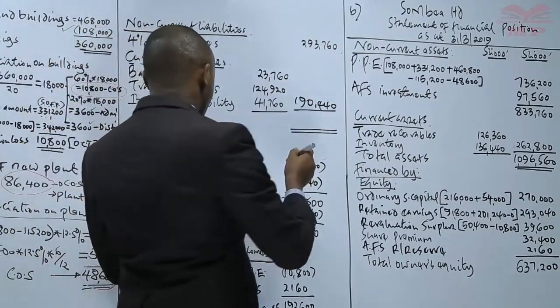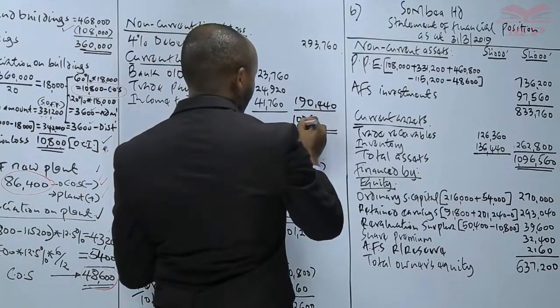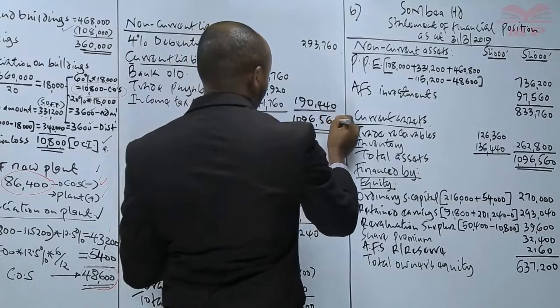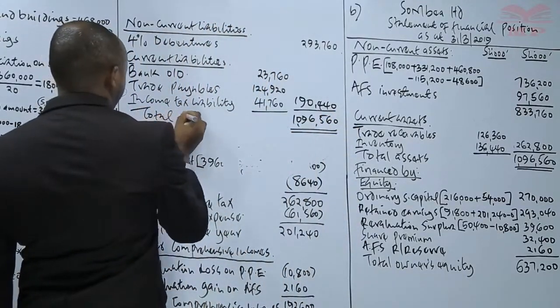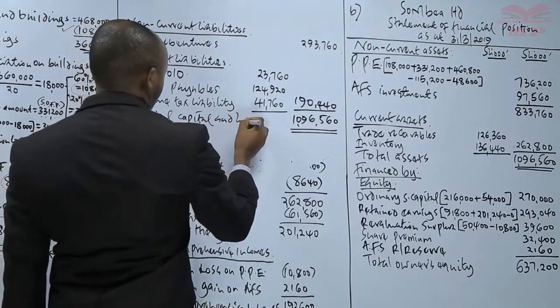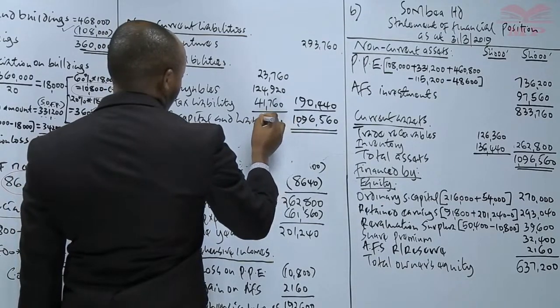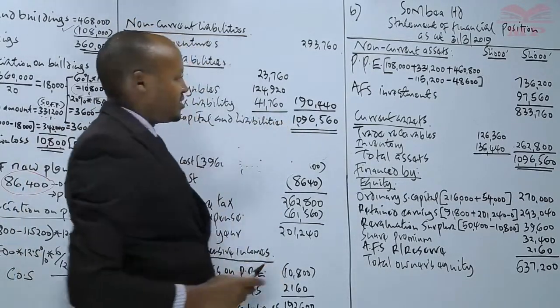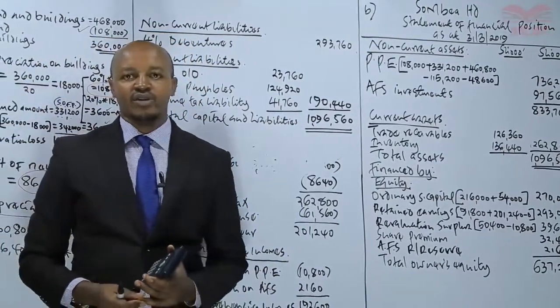Yes, and that will give us a figure of 1,121,400, which now will be the total capital and liabilities. Yes, so that is basically what was required in that particular question.